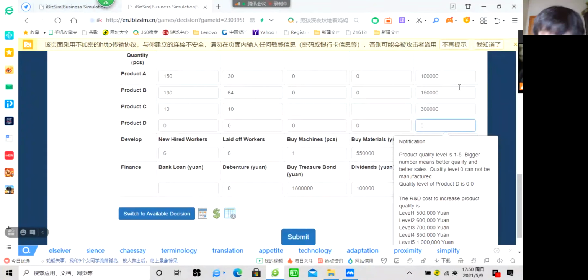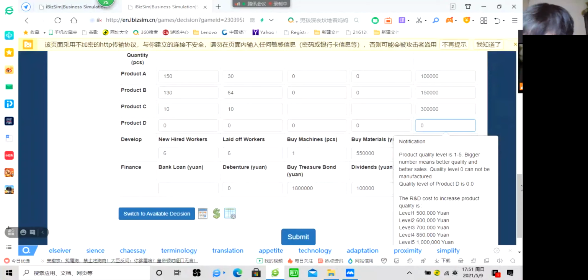So for our company 3, if possible, you can produce product D. If you want to produce product D, you should put money into research fees like that. So here product D can be produced. If you do not want to produce product D, the R&D level is still level 1.